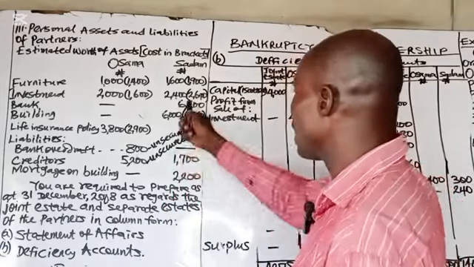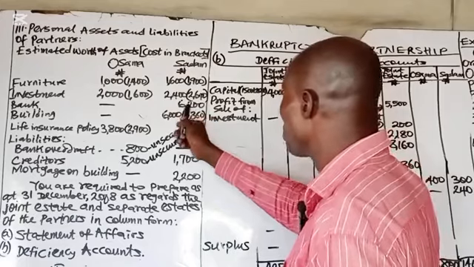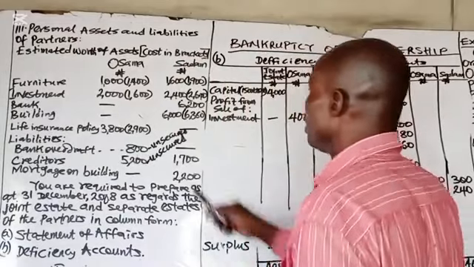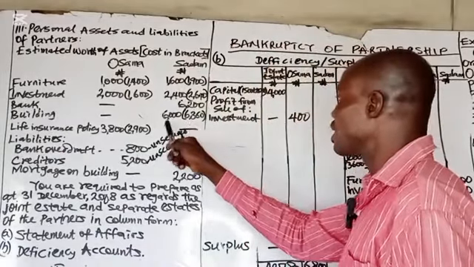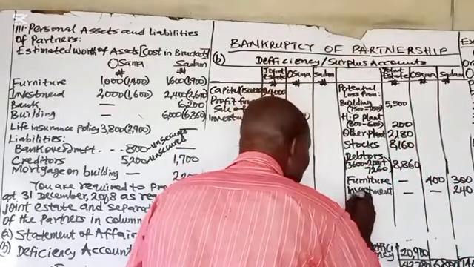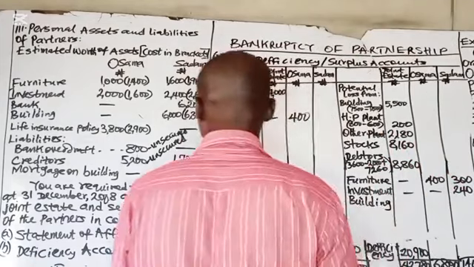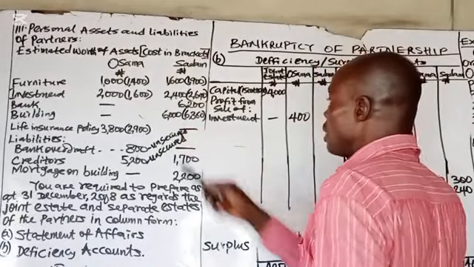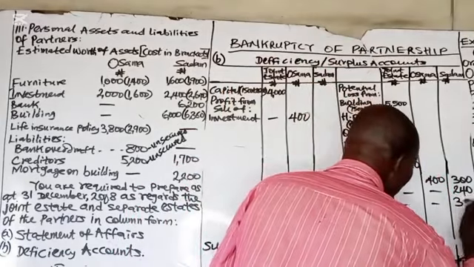Bank, you don't need to consider that because it will be recovered in full. No loss, no gain. Building for Saddam, the book value is greater than the cost. That will lead to a loss. So we have building for Saddam, 6,360 minus 6,000. That will be 360.